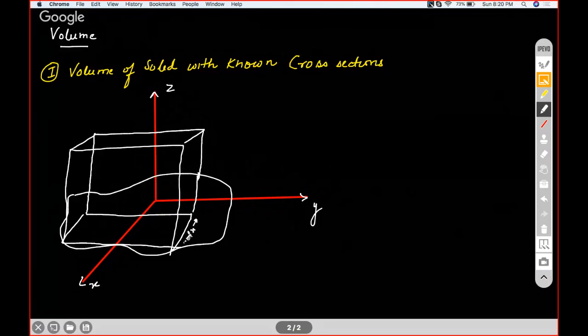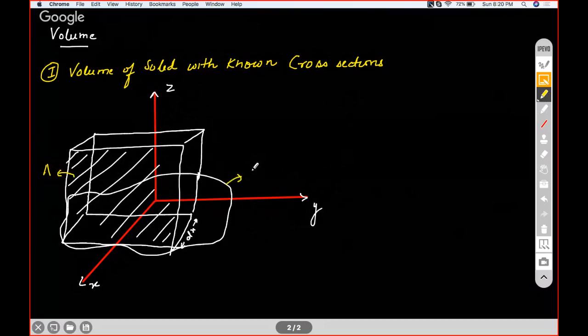This cross-section area is fixed for us, let me call this A. If I have to find the volume of the solid which is kept on this base surface, the surface on which that cross-section area has been kept, let me take a simple example.